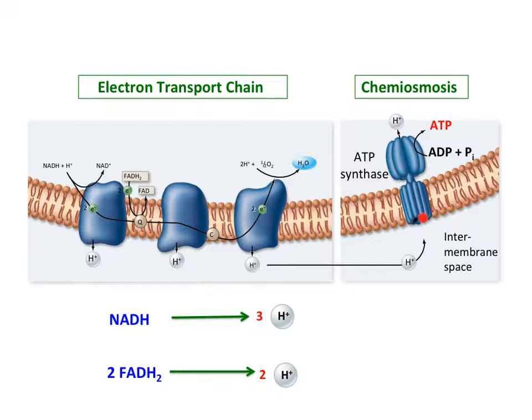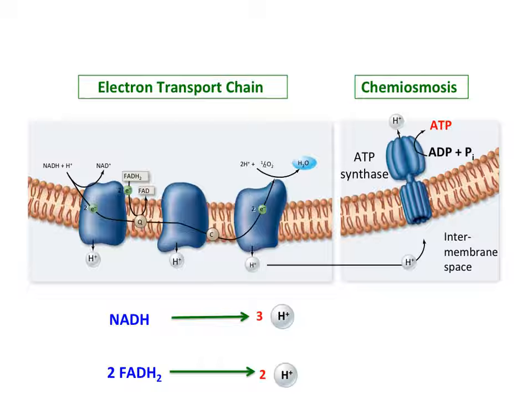As a proton comes through and wants to get back into the mitochondrial matrix, it rotates ATP synthase, and ATP synthase uses that energy to combine an ADP with a phosphate and form ATP. So the energy in that proton gradient is used to make ATP, using that electrochemical gradient as protons move through, making their way back into the inner mitochondrial matrix.